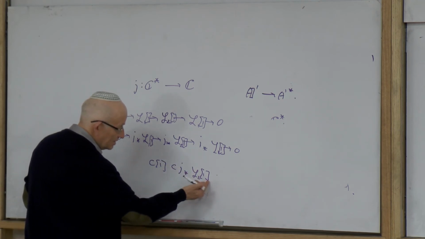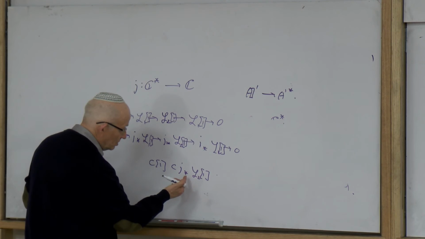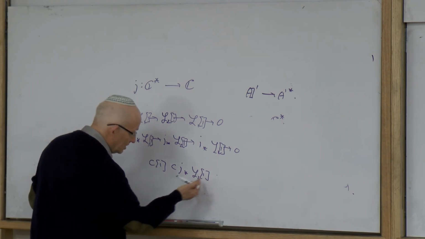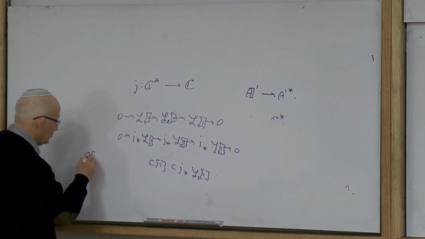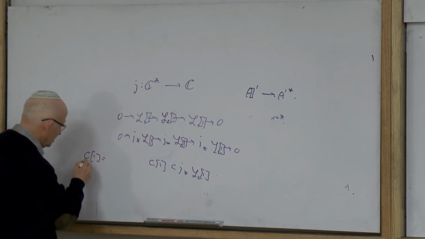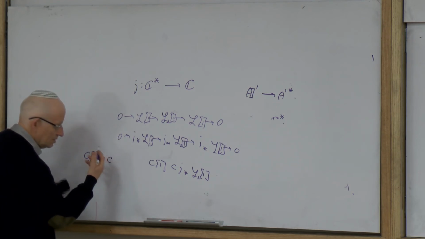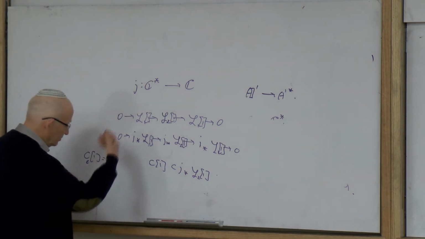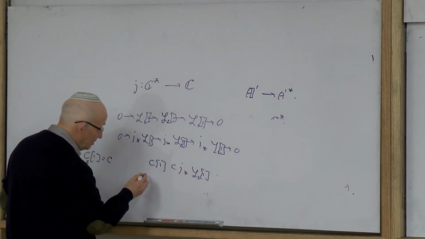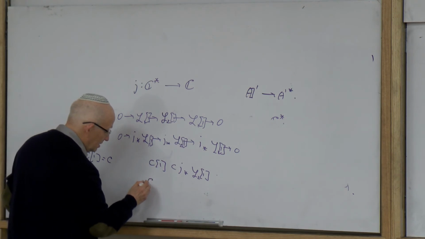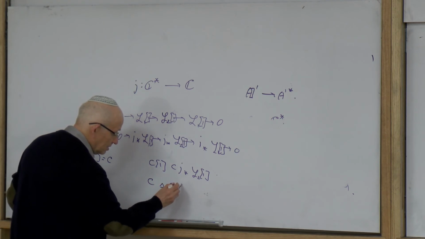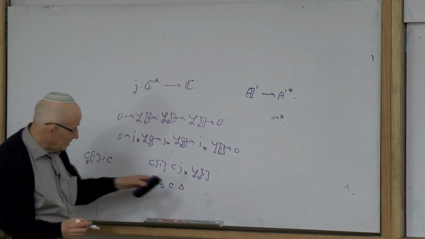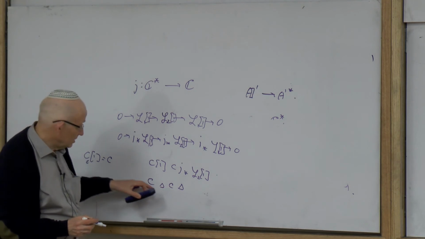So the structure here is the following. Let's denote this C of 1 just by C, a constant sheaf shifted. The structure here will be: it's glued from C, delta, C, delta, and then you cut off this delta, so you get something.